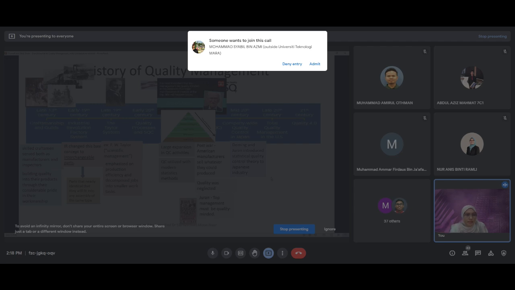And in the mid 20th century, Deming and another quality guru, Juran, introduced statistical quality control theory to Japanese industry. At this time, Japanese industry also suffered in quality, and Deming and Juran went to Japan and introduced their theory and philosophy using statistical quality control.